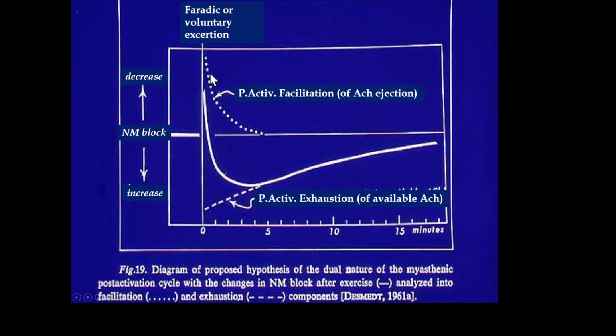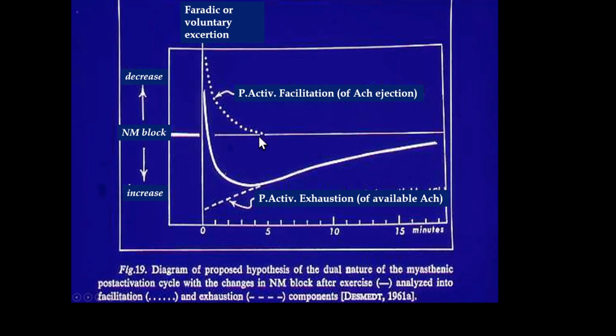Here is a picture made by Decrement long ago to show the post-activation cycle in the neuromuscular junction. Here is a period of voluntary or electrical activity. Directly after that, we see a facilitation due to an increased release of acetylcholine that will improve the neuromuscular junction.